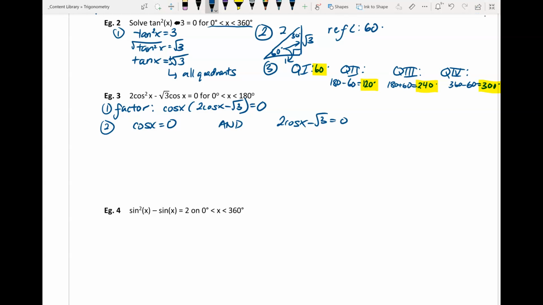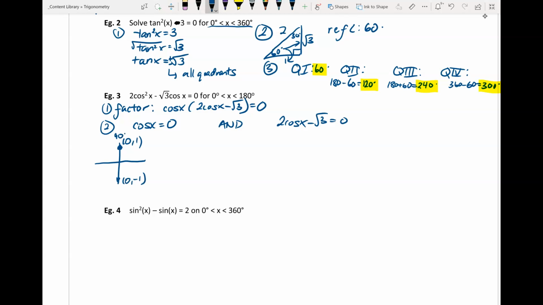We can work with cos x equals 0 first. To figure this one out, I'm going to have to draw a little bit of my unit circle, and I'm looking for whenever our x value in the unit circle is equal to 0. So that occurs here at (0, 1), and also down here at (0, negative 1).